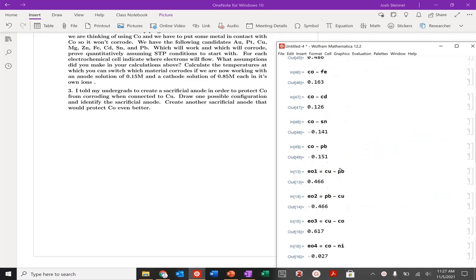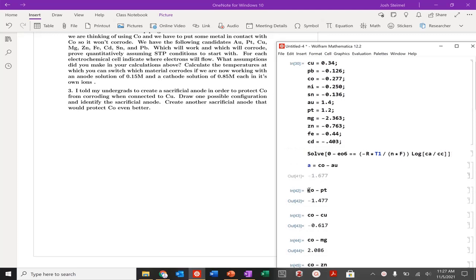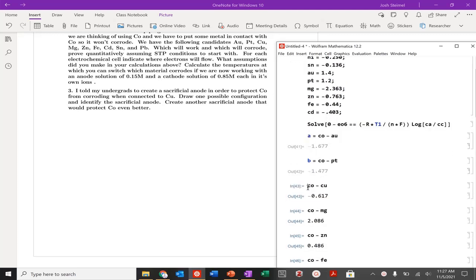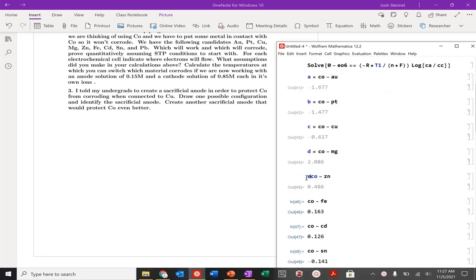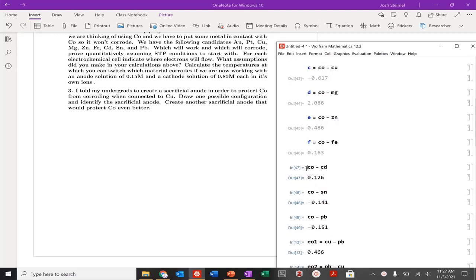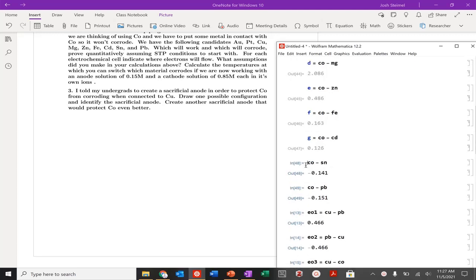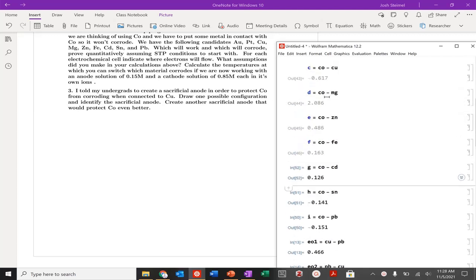And what we'll do simply, we'll make this A, so let's paste this code in here first. A, B, C, D, E, F, G, H, I. So we'll just shift enter all of these.